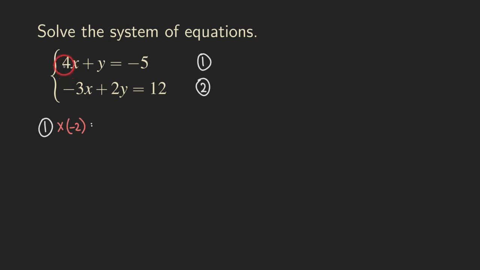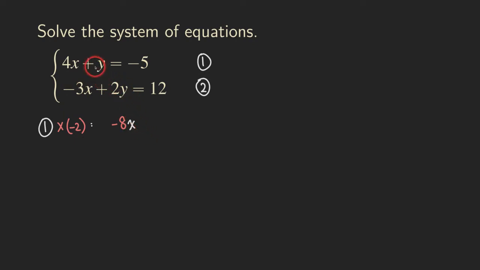In equation 1, the 4 multiplied by -2 gives us -8, so we have -8x. Now, what about the coefficient for the y?